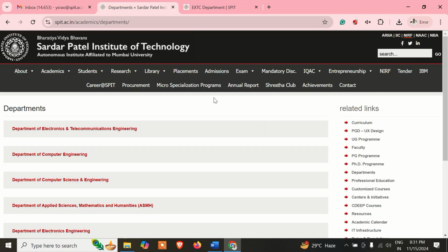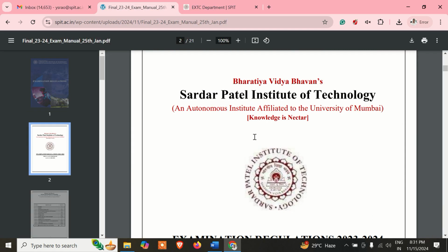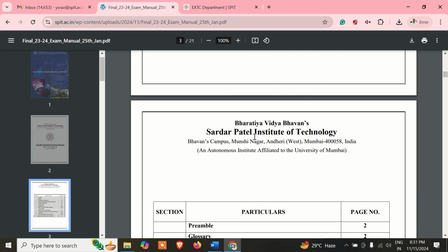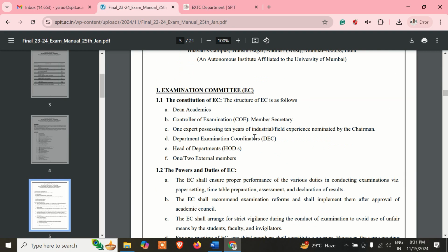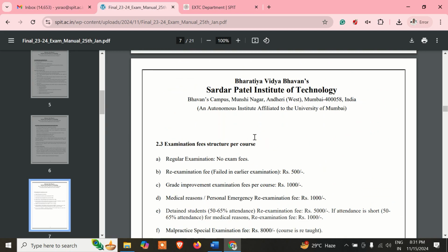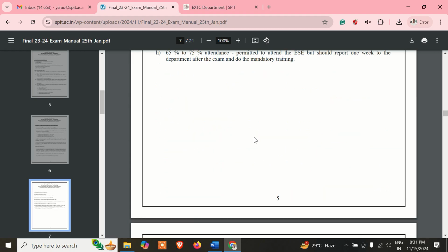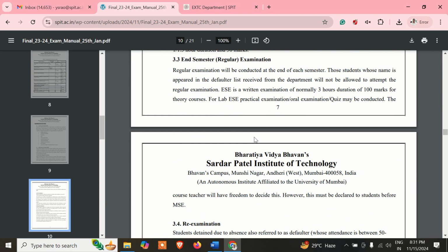Alright, the other resources: if you see the exam, there is an examination manual. You will come to know how the evaluation is done, how the grades are calculated, how the CGPA is calculated, what the passing rules are, and what the promotion rules are.